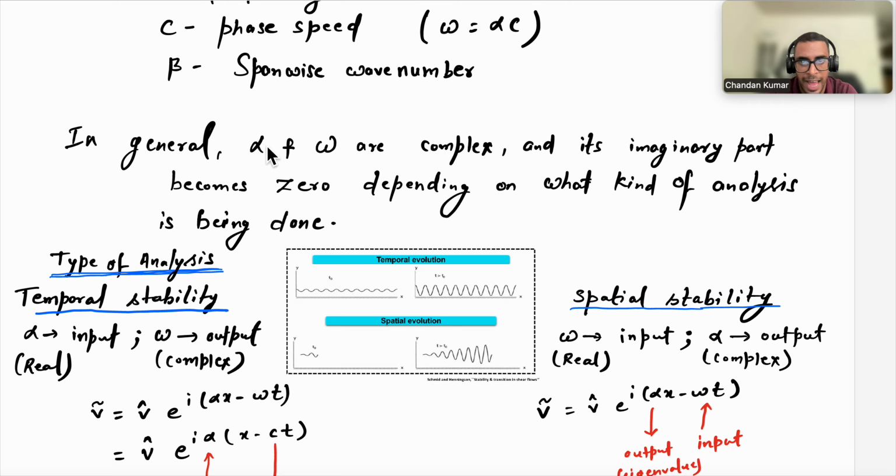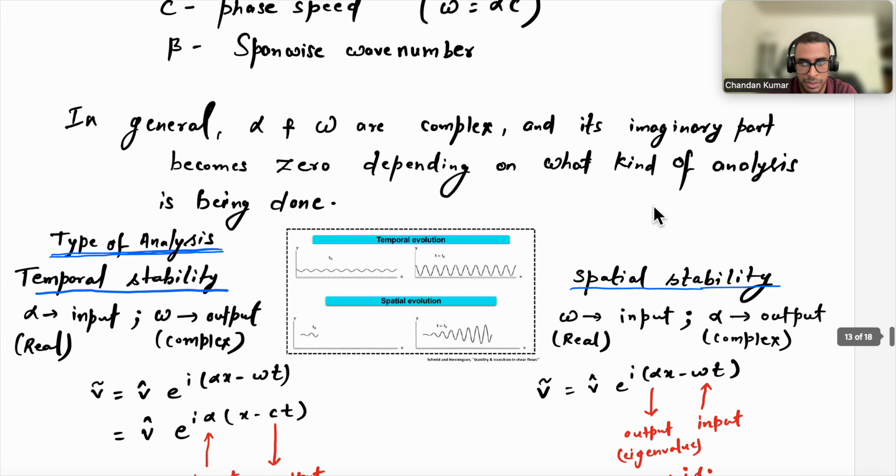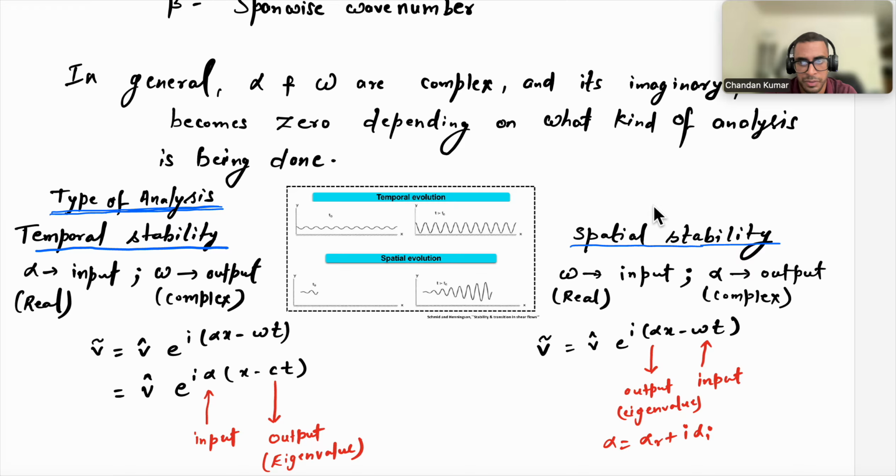In general, alpha and omega are complex, and the imaginary part becomes zero depending on what kind of analysis is being done. There are generally two kinds of stability analysis people do. One is the temporal stability, and the other is the spatial stability.